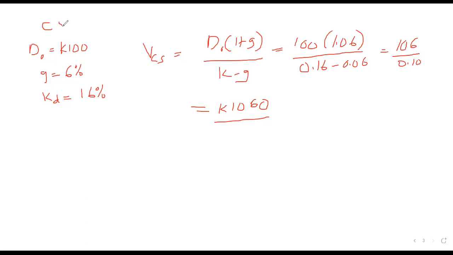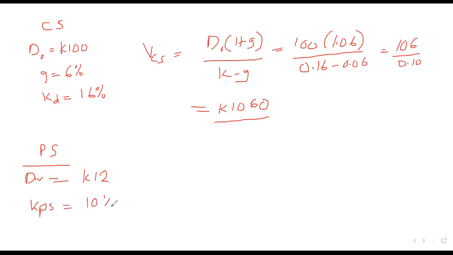So we could be given preferred stock. Say this is a preferred stock. It just paid a dividend of 12. The market rate of the preferred stock, or the required rate of return for the preferred stock, is 10%.